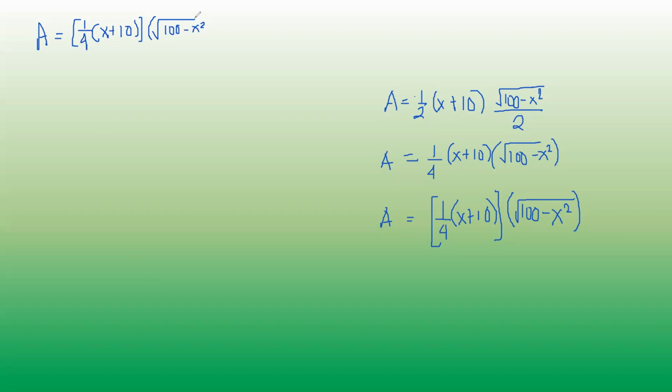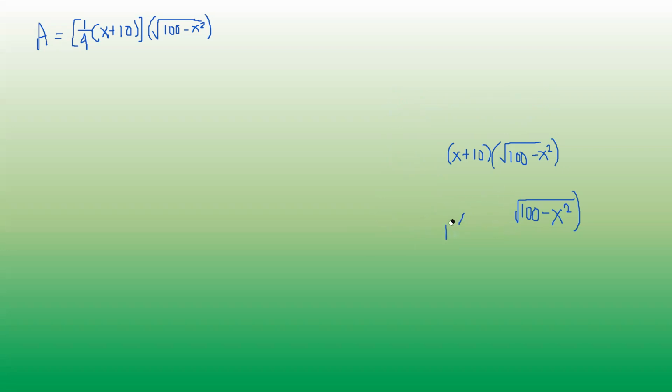Kagaya sa example 2, apply tayo ng derivative ng product. Okay. Ngayon na naman si square root ha. Pag square root, babalik kayo dun sa fractional exponent to apply the general power formula.